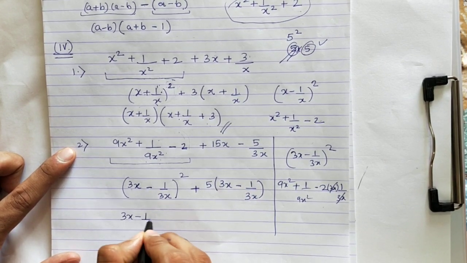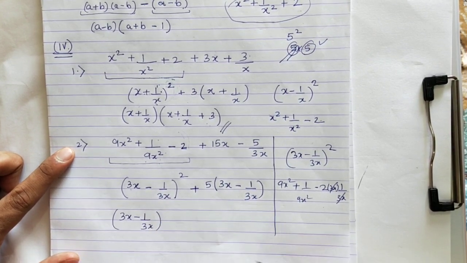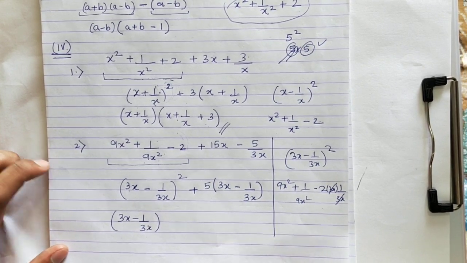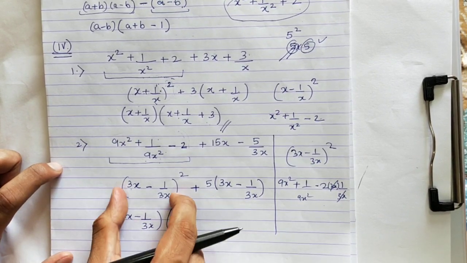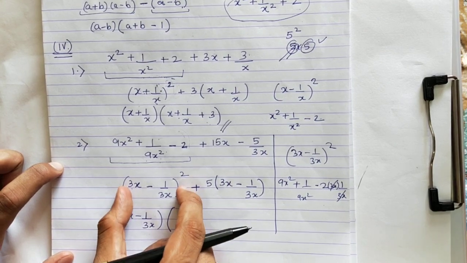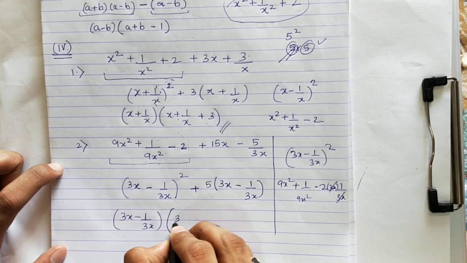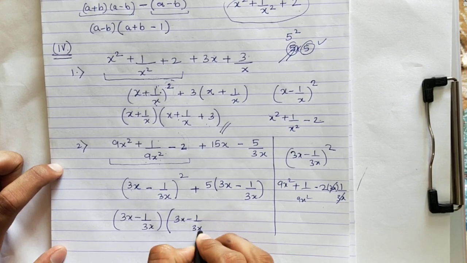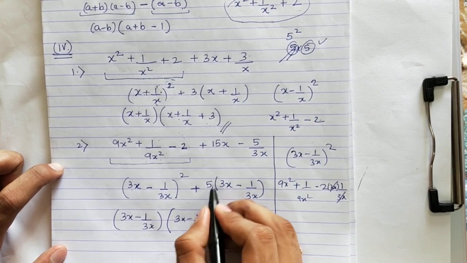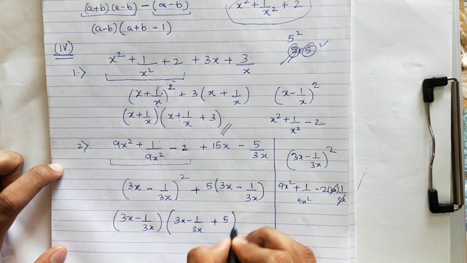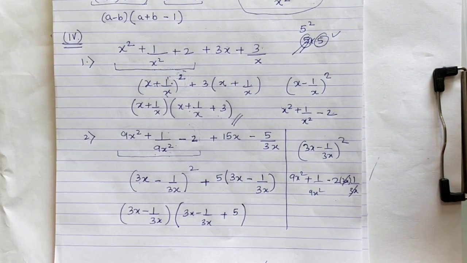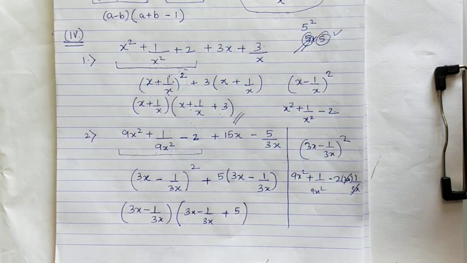So I'll take 3x minus 1 upon 3x common in the bracket. This is a square. Square means there are two terms, it's two same terms. The one we have taken common, one will come here. Plus 1 upon 3x plus what is remaining here? 5. Okay, this is the answer.